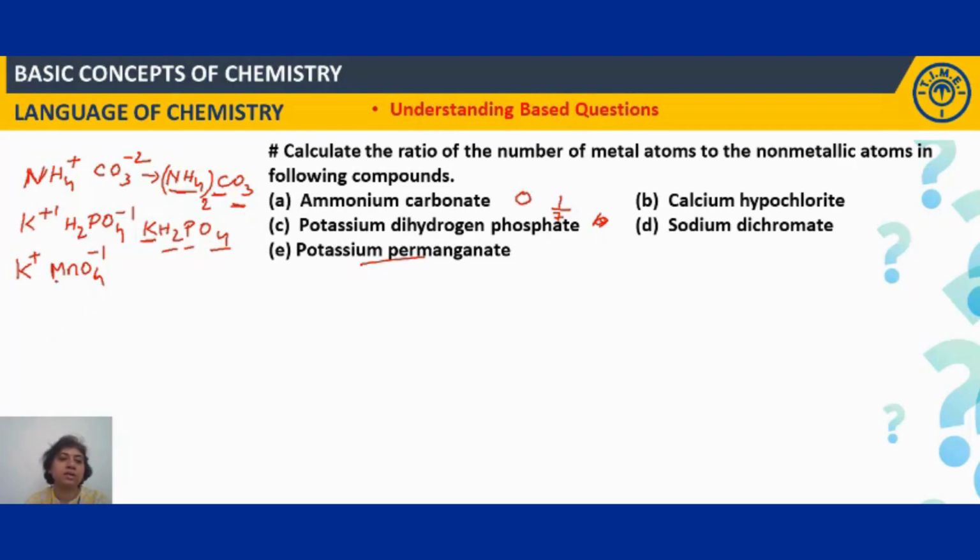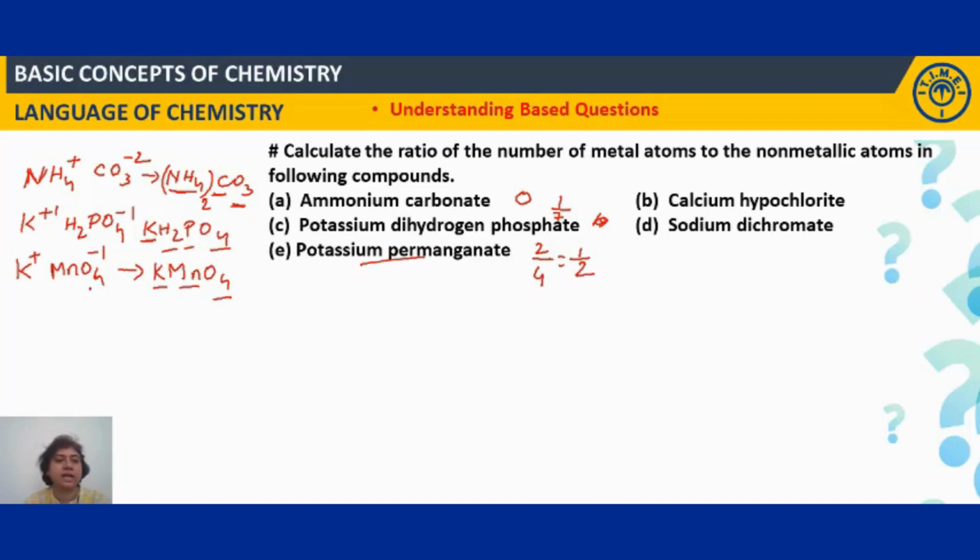Okay, so what will be the formula? It is permanganate, so potassium plus 1, permanganate minus 1. So KMnO4. Number of metal atoms 1 plus 1, 2. So numerator 2, denominator 4 oxygen atoms. So it is 2 by 4, which is equal to 1 by 2.